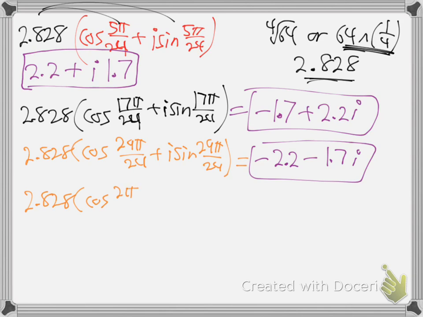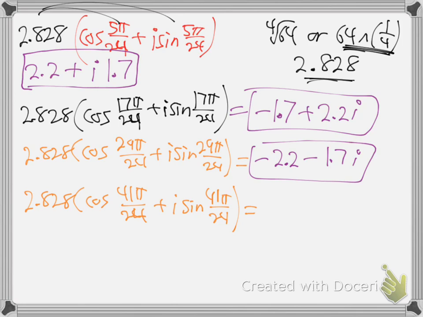And then the last one. What is it, 29 and 41? Times cosine 41 pi divided by 24.